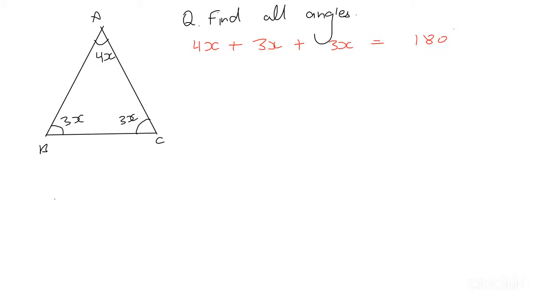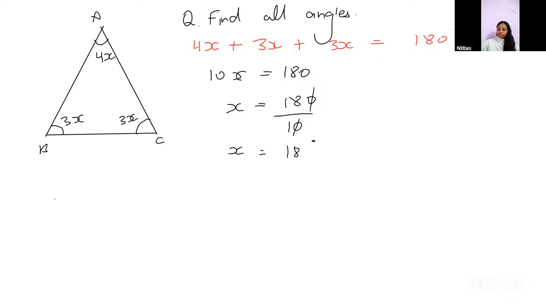B and C 54. Find out A also. Ma'am, 72 degrees. 72 degree. Okay. Correct, Abraham.